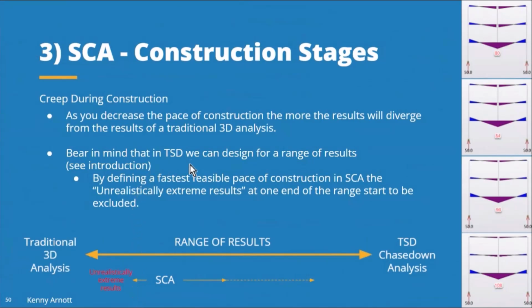So rather than worrying about all the possible paces of construction, if you could define a fastest feasible pace of construction, then some unrealistic extreme results start to be eliminated. So as long as you stick to thinking about what's the fastest feasible, and not worrying that you don't know what the specific pace will be at the design stage, then you can achieve something useful here.